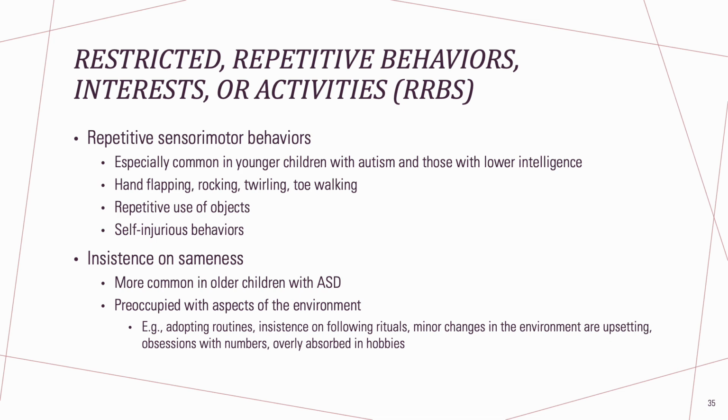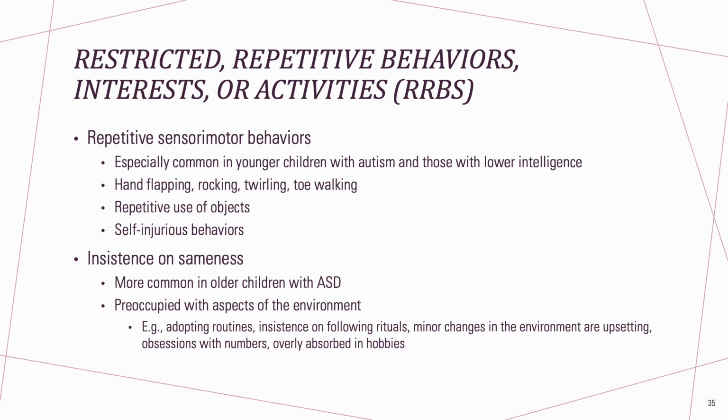We might see things like walking on toes, twirling, rocking back and forth, and hand flapping. You might see the repetitive use of objects, like lining up objects or having a certain number of toys. You also might see self-injurious behavior, such as banging their head against a wall, crying, things like that.